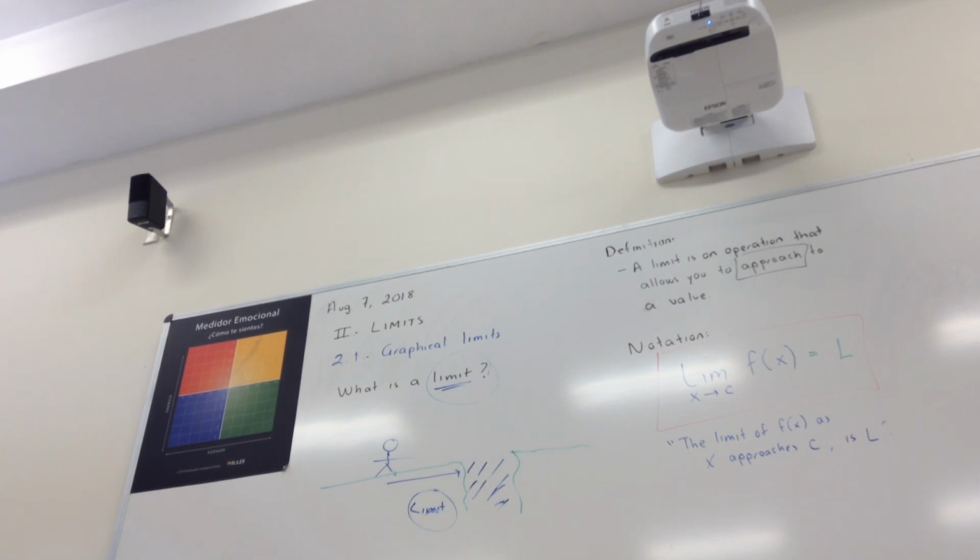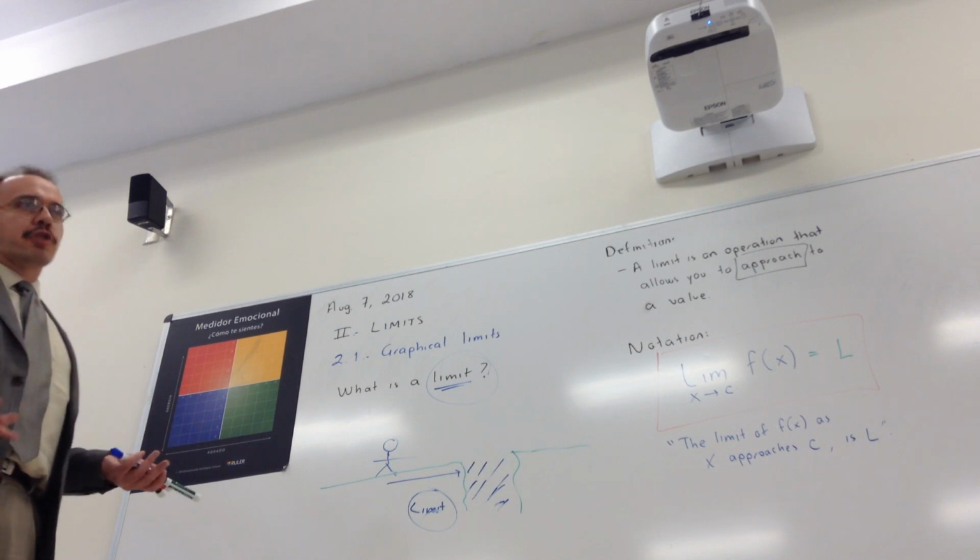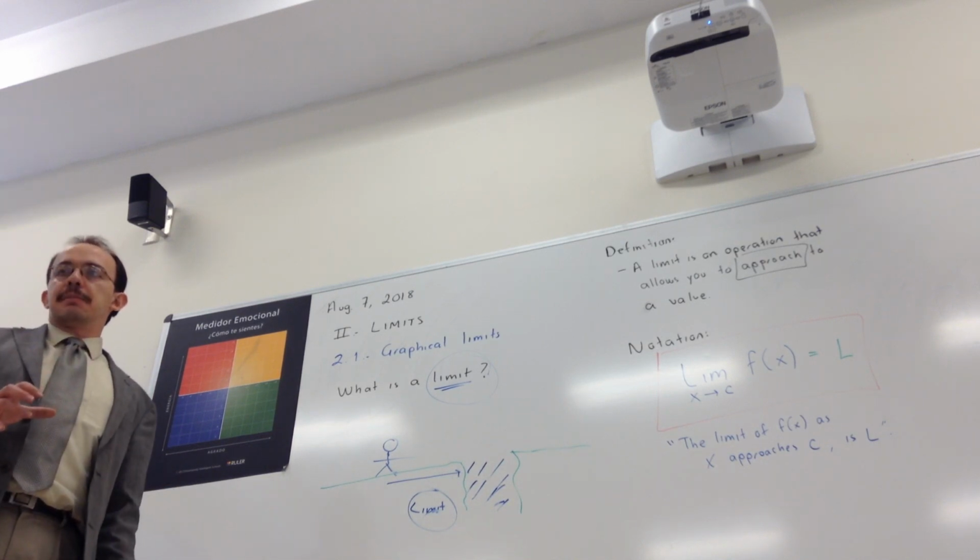The idea is that we're going to work with limits the entire portion. The entire first portion is going to be about the limits. Today we're going to see the basic approach to limits, the easiest part, the graphical limits.